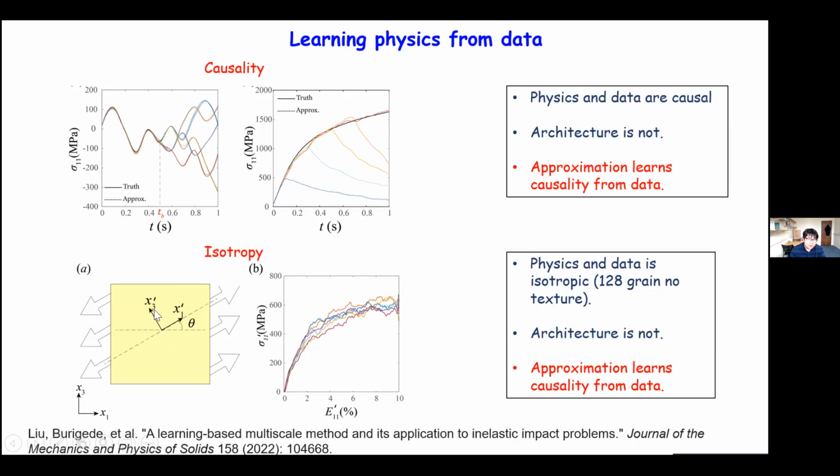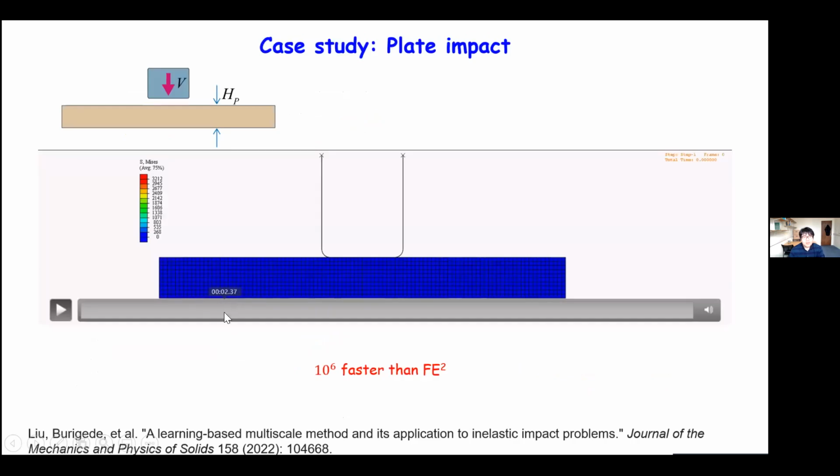And when we test our trained neural network by rotating the uniaxial loading axis, we see that the stress-strain curve is approximately constant. So that is basically a sign that we can capture isotropy, although we don't impose this in our architecture.